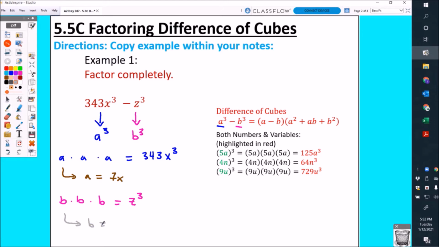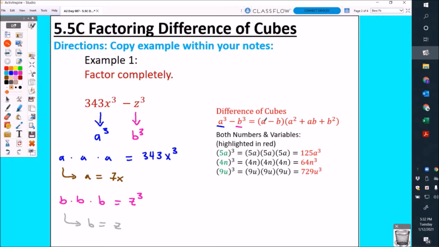The only way z to the third can happen when it multiplies itself 3 times is that b has to be z. The reason is because if you do z times z times z, you get z to the third. So my b value will be z.